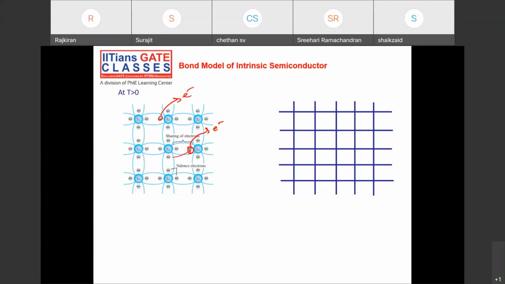When this electron goes and occupies the space, this will be vacant. So whenever a bonded electron goes and occupies the space, I get another hole here. Similarly, suppose this electron goes and occupies this space, then I will get another hole here. So the hole movement is because of the bonded electron, not the free electron. Getting?